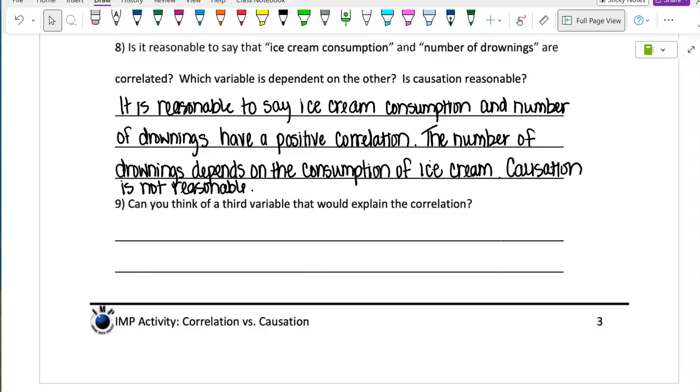How hot it is. Weather usually influences both of those. When the weather's hotter or warmer, we consume more ice cream. When it's warmer, we also swim more, which would lead to drowning deaths.